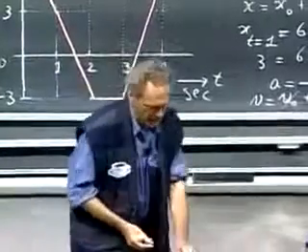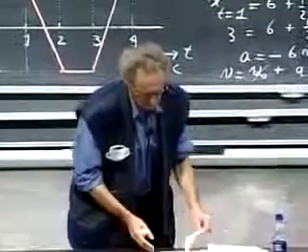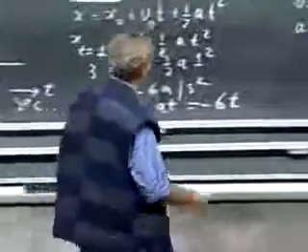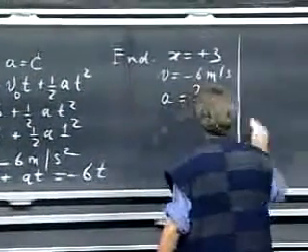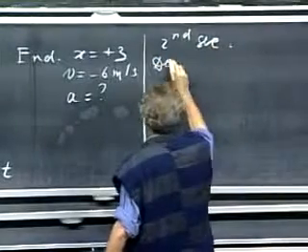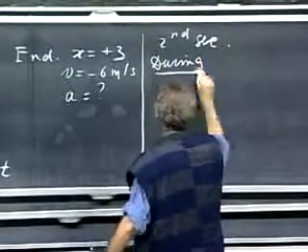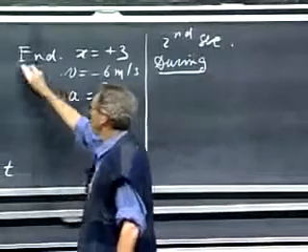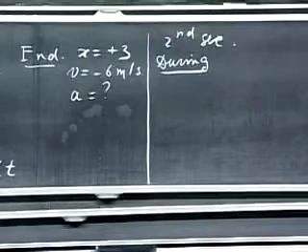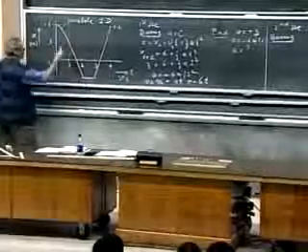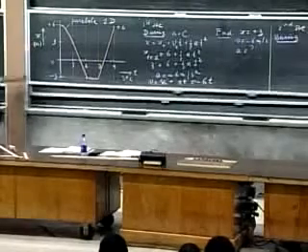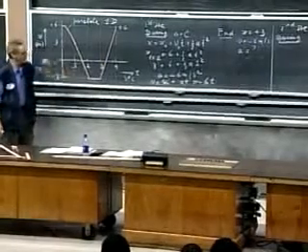Let's now go to the second second, and let's see what happens there. First, let's look during, and then we'll look at the situation at the end. During the second second, it is clear, since this is a straight line, that the velocity remains constant, and it remains minus 6 meters per second.